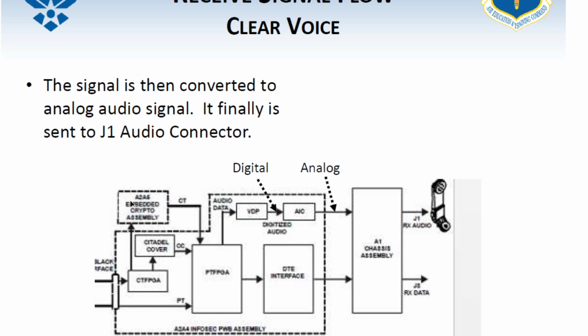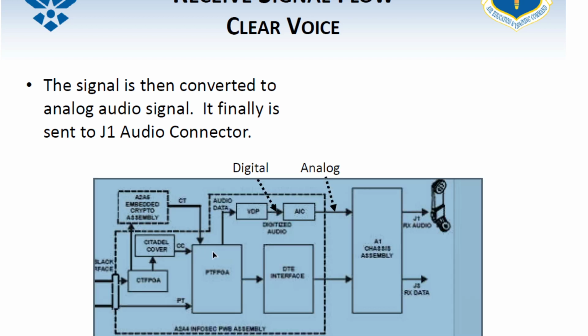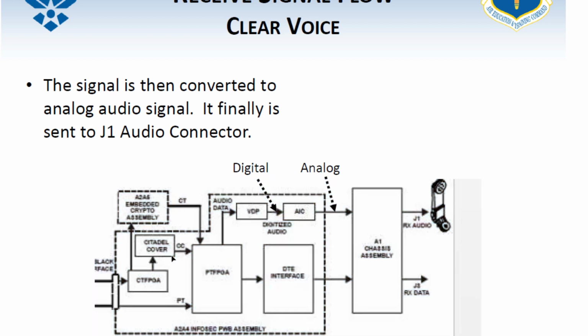Use ciphertext mode. And once it goes through this part, it'll do its decryption process. And it will be considered red after it comes out of here. It'll be unencrypted once it gets through and processed. Same with the CC. It is not decrypted though, remember, until it comes out of the CC or out of the embedded crypto assembly.